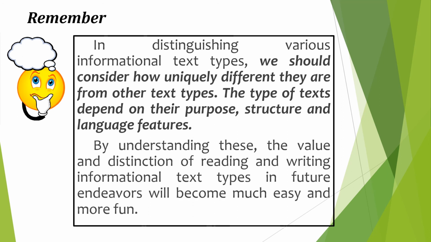By understanding this, reading and writing informational text types in future endeavors will become much easier and more fun. It helps you develop a shared understanding about how to communicate effectively in different situations. This means that you will be able to construct similar texts yourself using appropriate formality and structure.